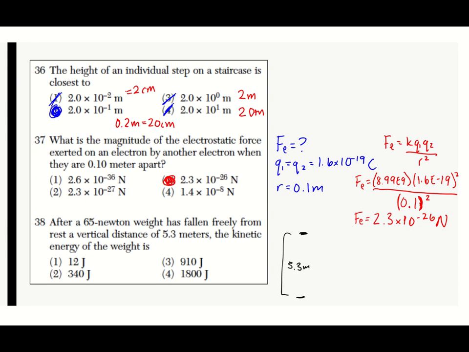At your starting position where it's dropped, it has max potential energy that's equal to mgh, where down here it has max kinetic energy equal to 1/2 mv squared. We need the kinetic energy, but we don't have any speeds here. We have a weight which we can convert to mass, but we don't have any indication of a speed.